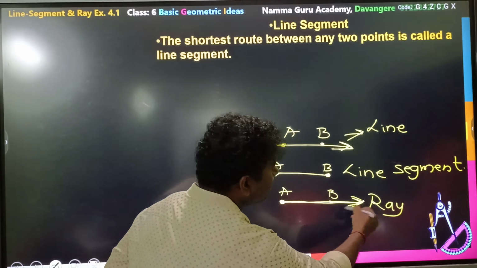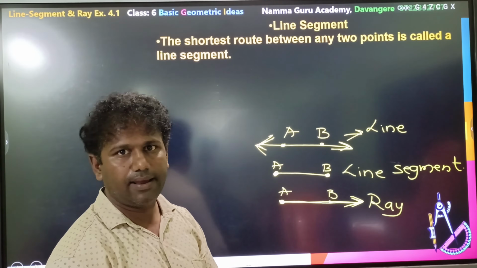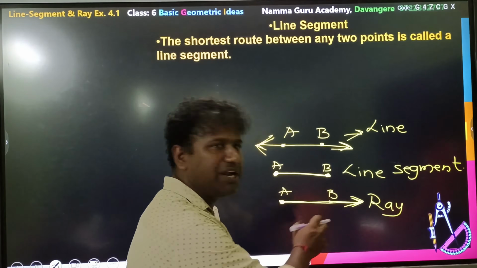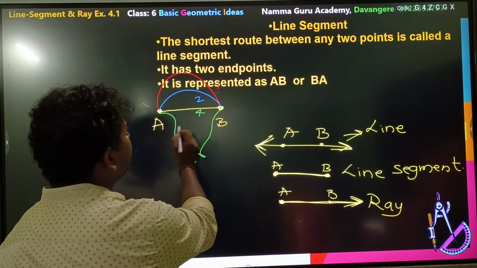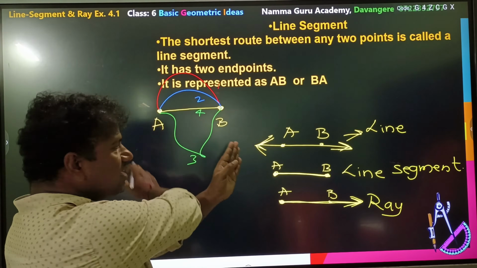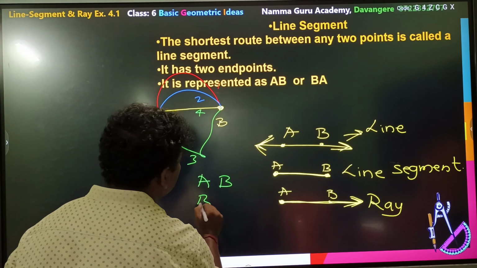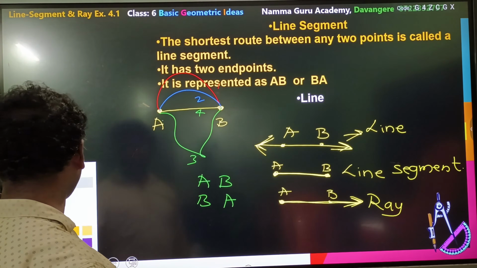If on one side there is an arrow mark and on the other an end point, it is a ray. And if we have end points on both sides, it is called a line segment. It can be represented as AB or BA. You can write AB or BA. If you interchange the order, there is no problem.